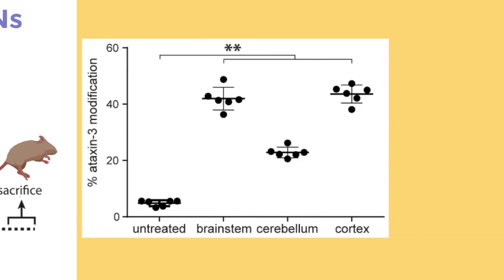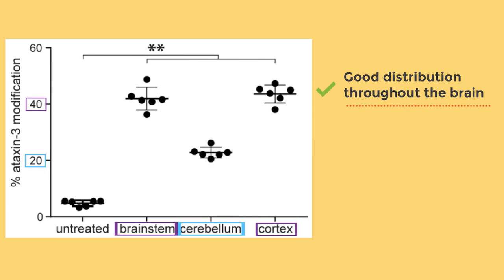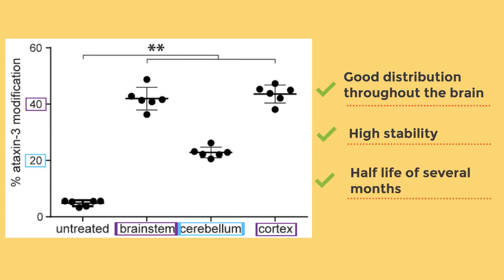RT-PCR analysis demonstrated that following sacrifice of the mice, a 40% Ataxin-3 modification was seen in the brainstem and cortex, while a 20% Ataxin-3 modification was seen in the cerebellum. This indicates that the antisense oligonucleotides had distributed throughout the brain and are stable and effective for at least 2.5 months post-injection of 1 mg AON 10.4.